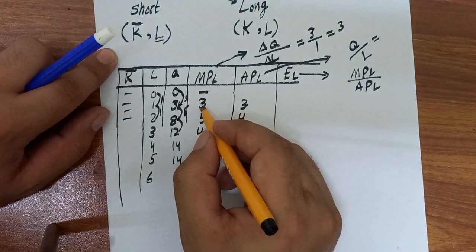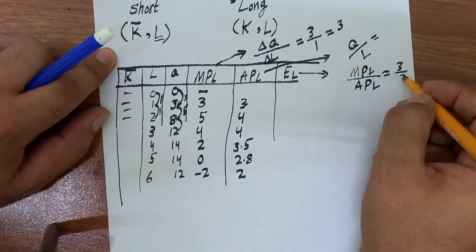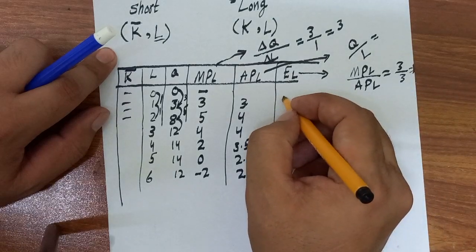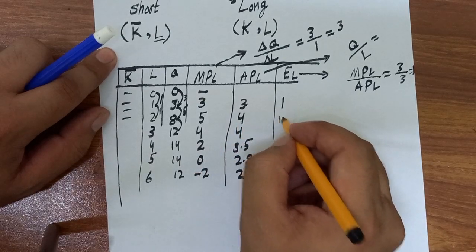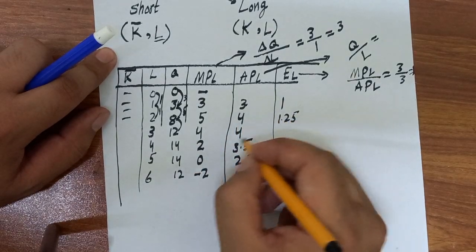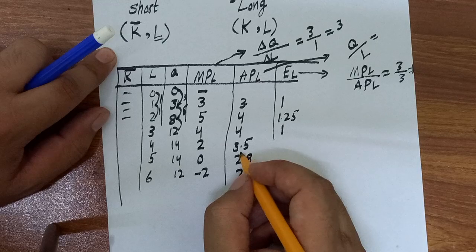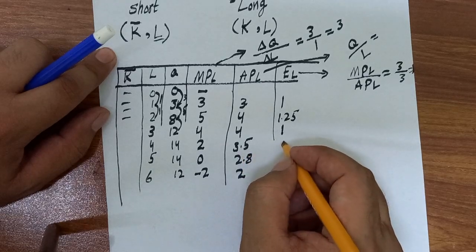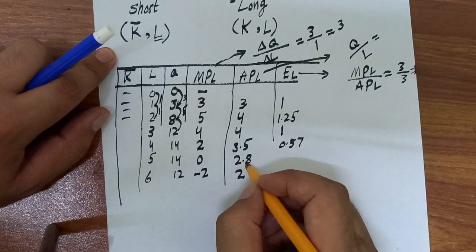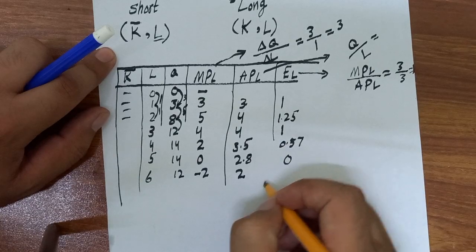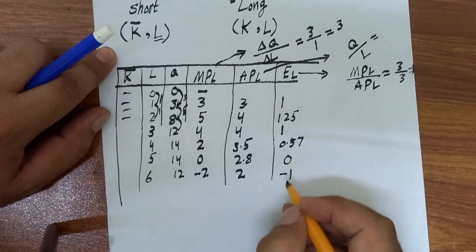So 3 divided by 3 we will get 1. Here 5 divided by 4 we will get 1.25. Here 4 divided by 4 again it is 1. 2 divided by 3.5 we will get 0.57, and 0 divided by this again we will have 0, and here we have minus 1. So these are the elasticities.